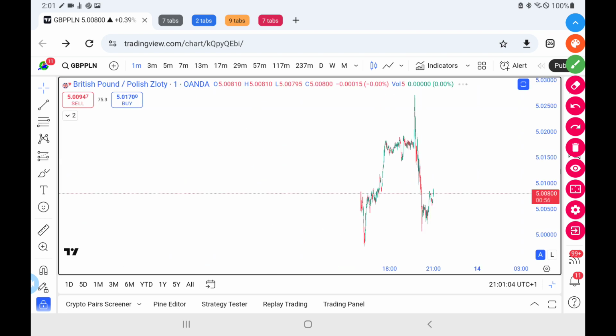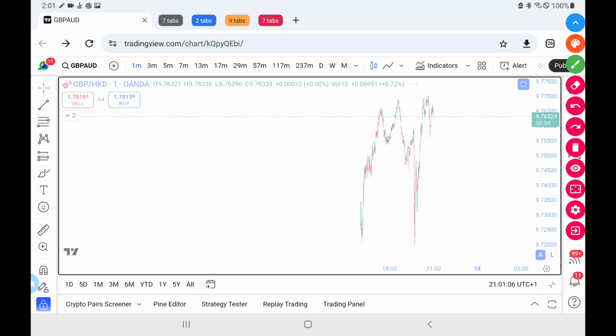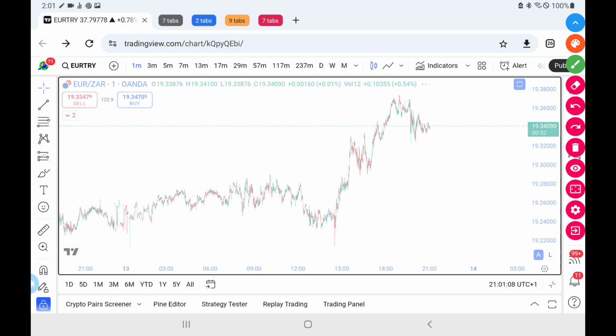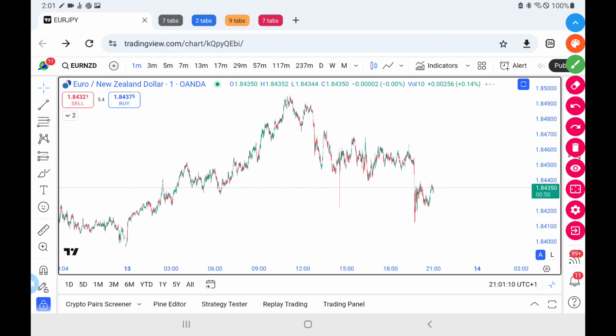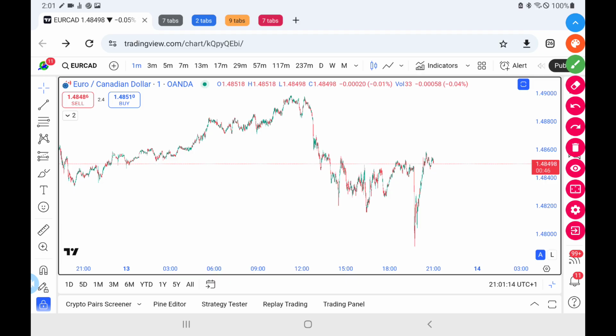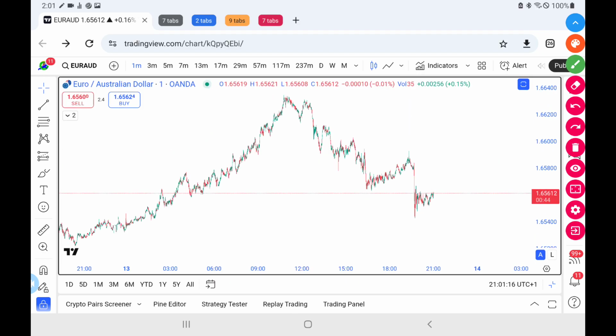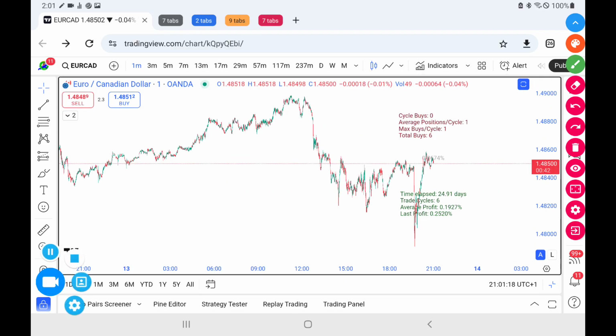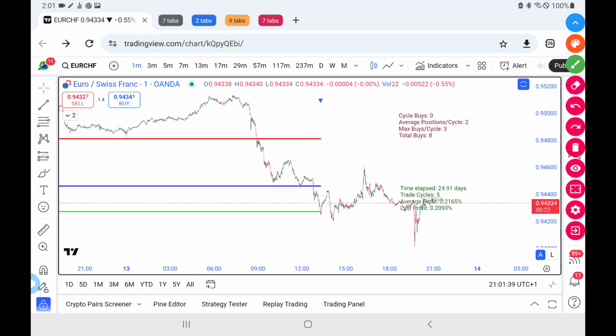Let's go to one of the ones that I sold off. Okay, here is the Euro franc. I sold this off this morning.